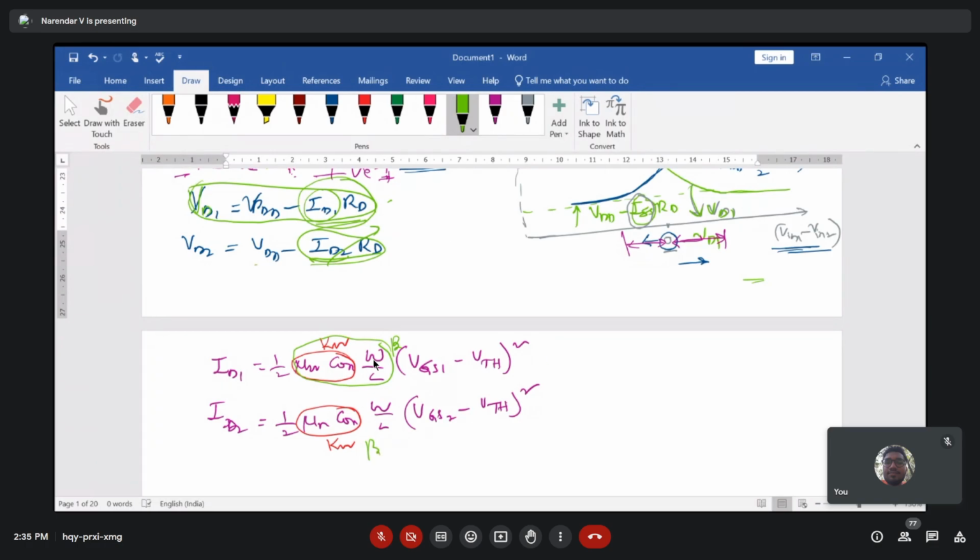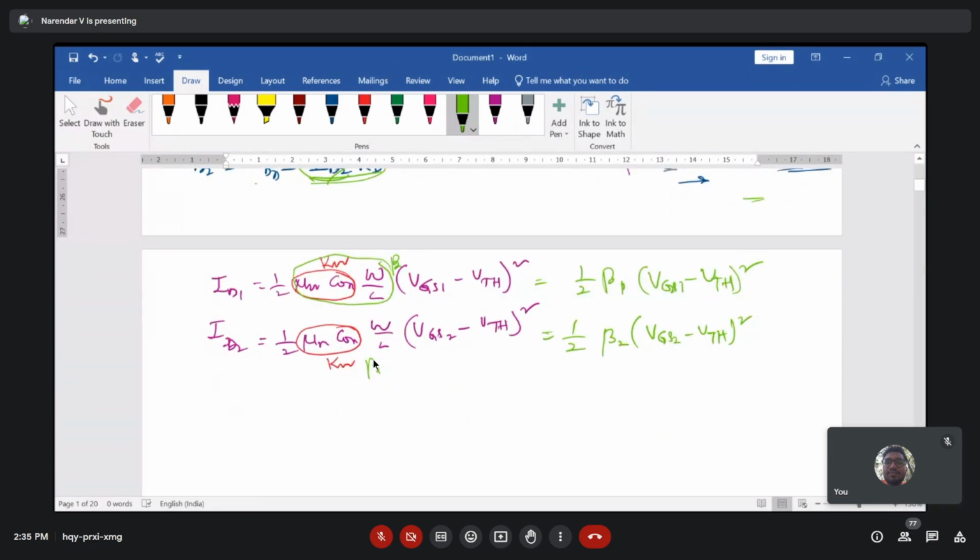So for the first transistor M1, I can call it beta 1 here. This is half beta 1 (VGS1 minus VTH) whole square. Similarly, this one is half beta 2 (VGS2 minus VTH) whole square, right?